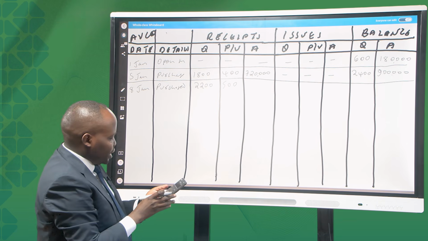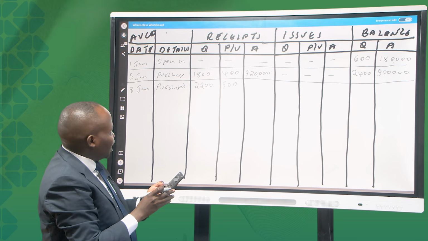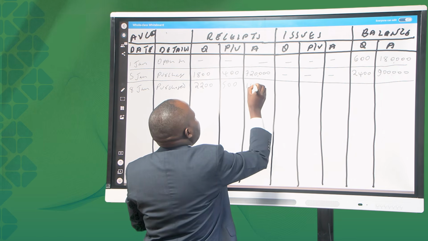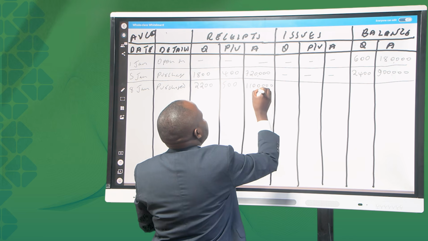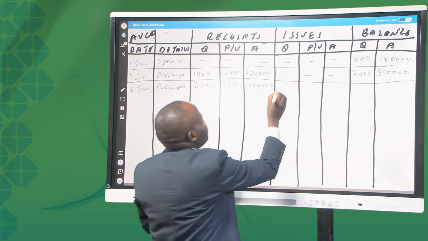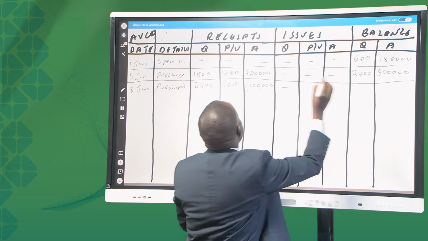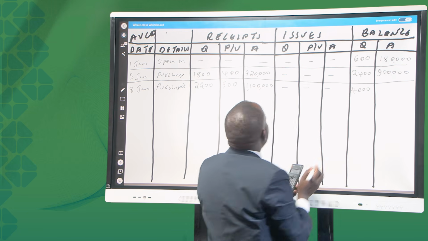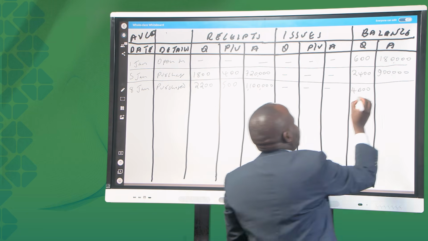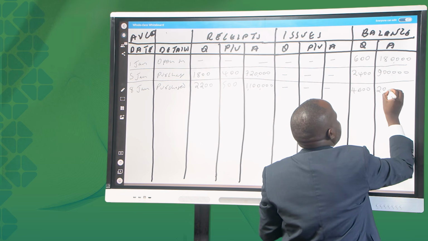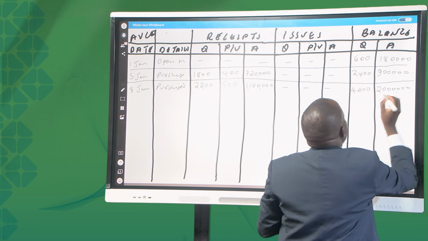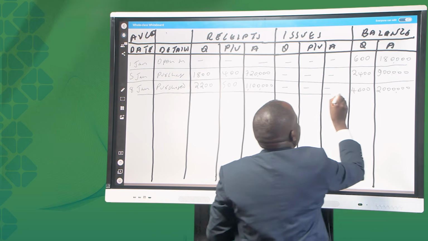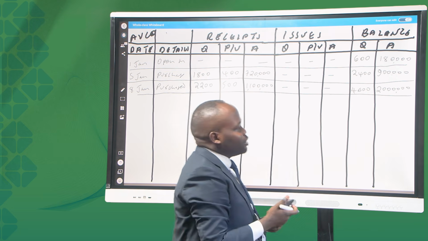So 2,200 times 500 gives us 1,100,000. Again, this increases the balance. So this will be 4,600. 900,000 plus 1,100,000 is 2 million. Okay. We are progressing well. So that is the date of 8th January.